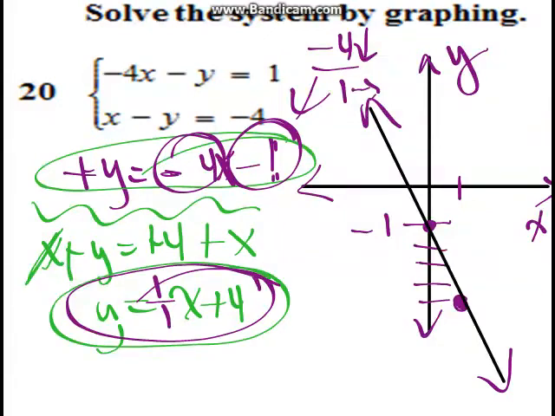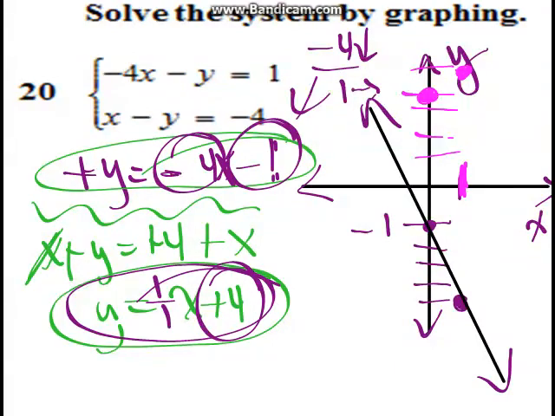So that means we have a y-intercept of 4 for our second equation. So 1, 2, 3, 4 up here. Y-intercept of 4, and we're going to rise 1 and run 1 for our slope. So rise 1, run 1 for our slope, and we're right here.